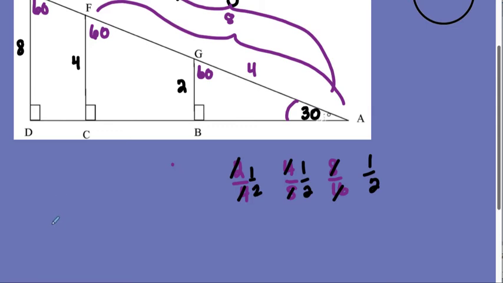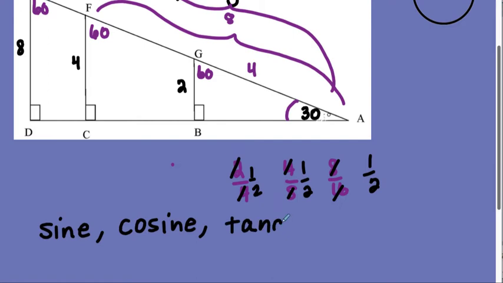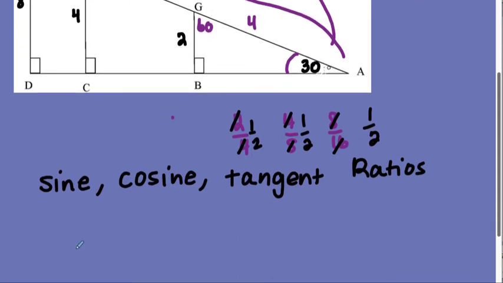Those 3 ratios are the sine, cosine, and tangent ratios. We actually make them shorter by saying sine, cosine, and tangent.